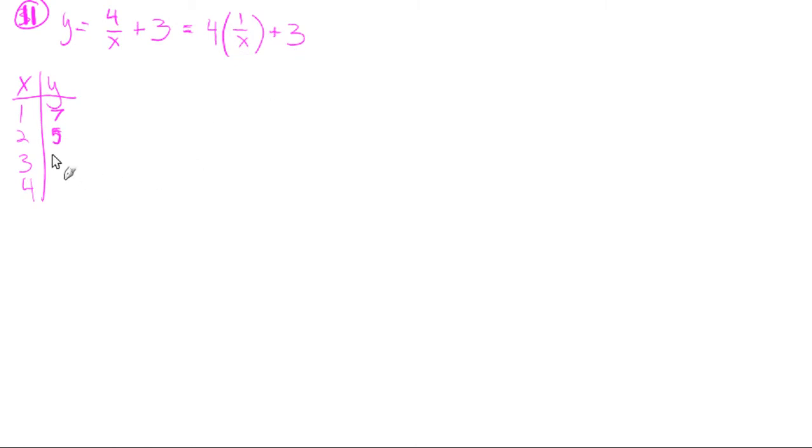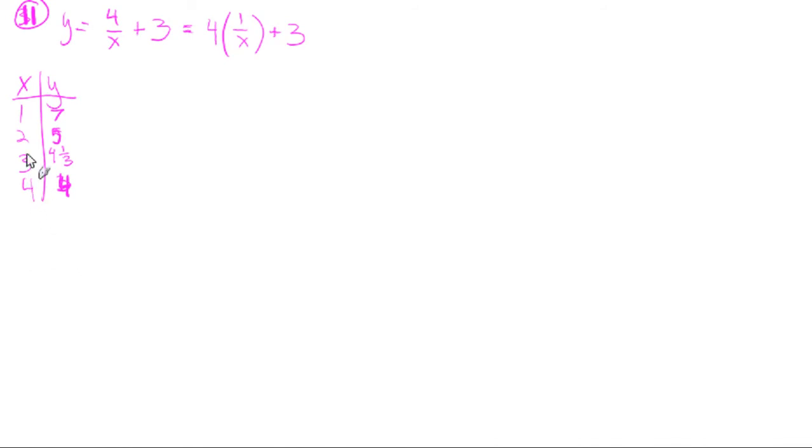Plus 3, so this would be 1 1/3 plus 3, that's 4 1/3. Put a 4 in there. 4 times 1/4 is 1 plus 3. And that gives you a 4. Excuse me.